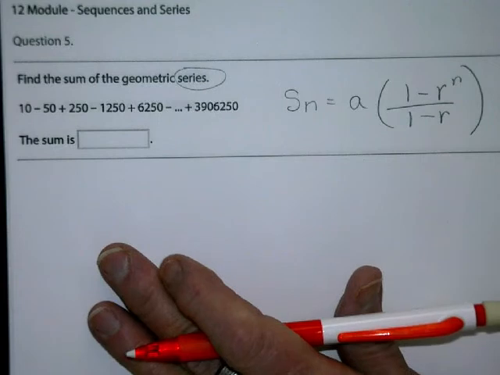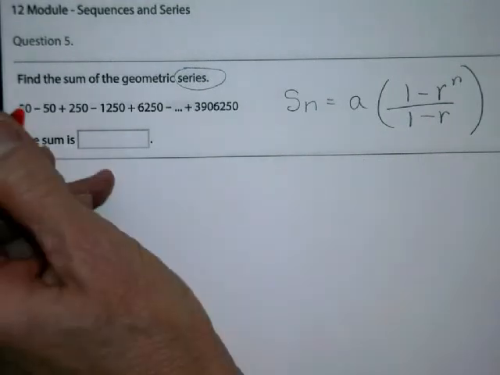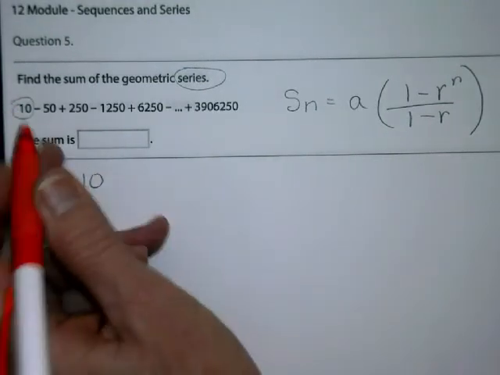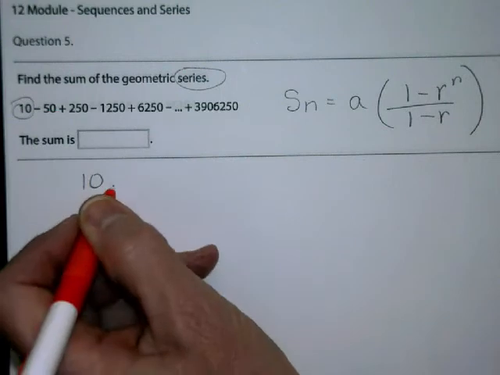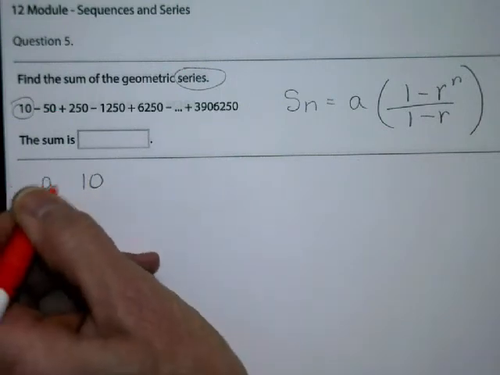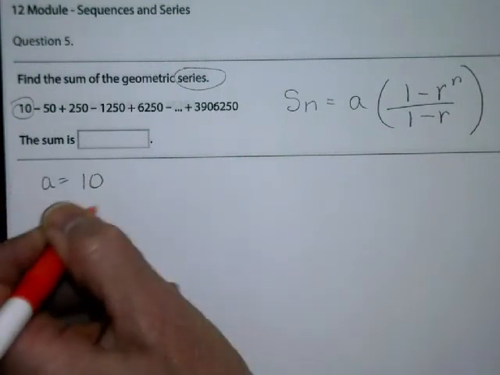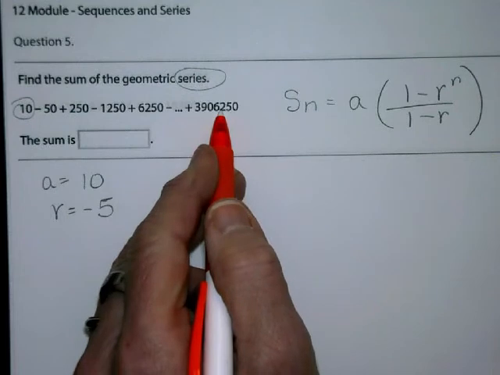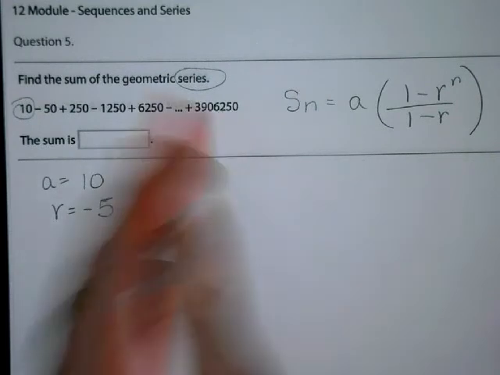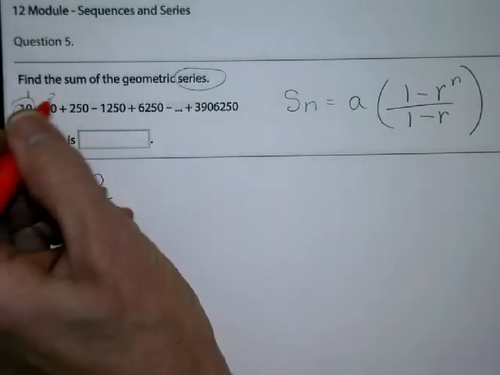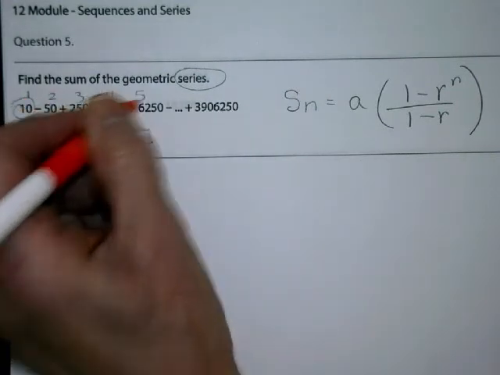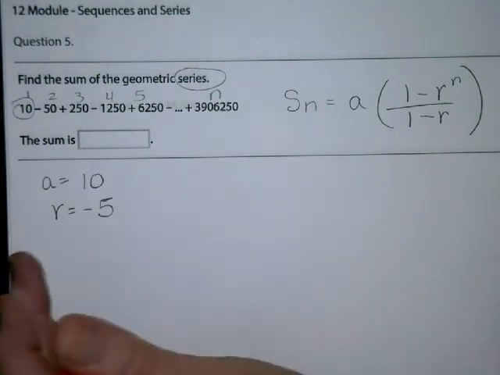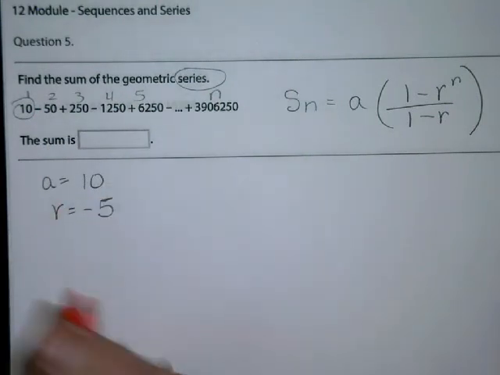So we start with our initial value of 10. What do I multiply 10 by to get a negative 50? And we don't know n, do we? This is first term, second term, third term, fourth term, fifth term, n.